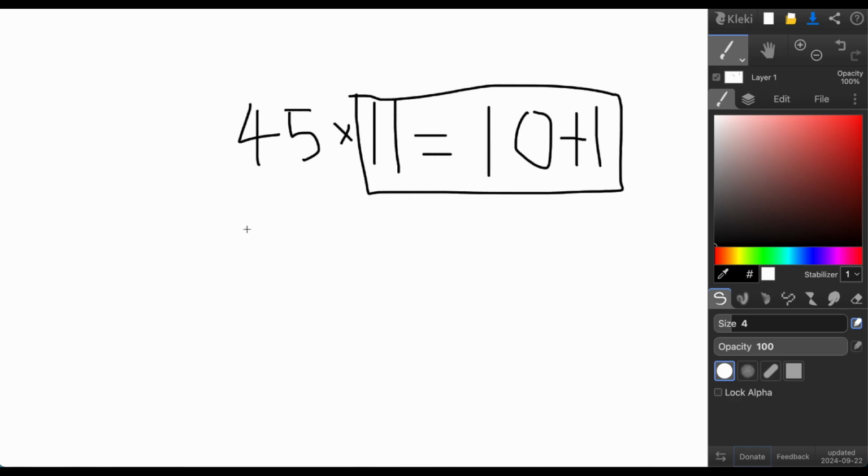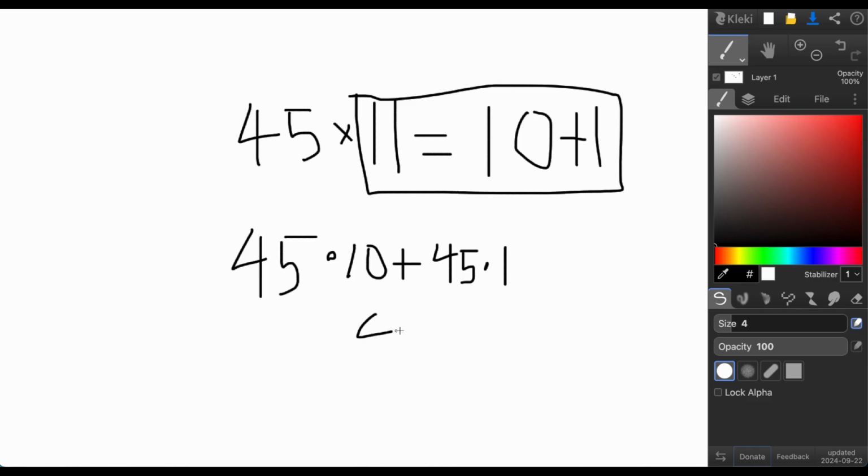So this is basically 45 times 10 plus 45 times 1. Alright, if we write that down, 45 times 10 would be 450, as you just added 0 at the end.